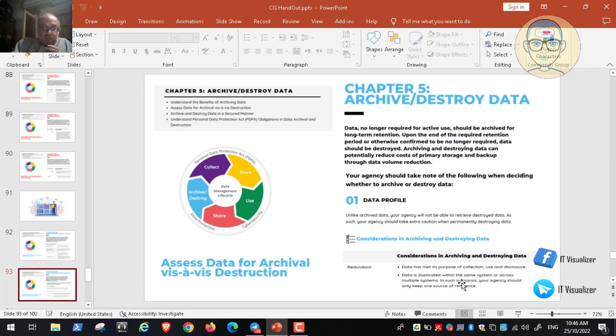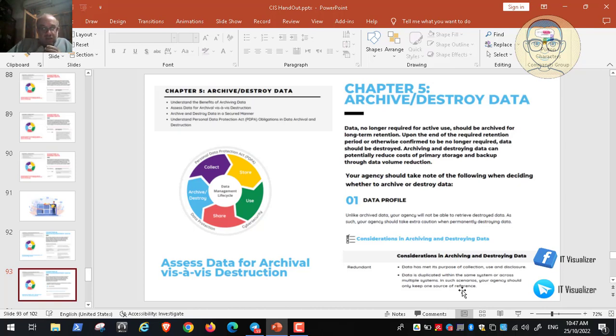Data is duplicated within the same system or across multiple systems. In such a scenario, your agency should only keep one source of reference. For example, if you have a lot of copies of one single source of data in multiple systems, then you should remove the duplicate data, because you have a lot of locations that contain this data.